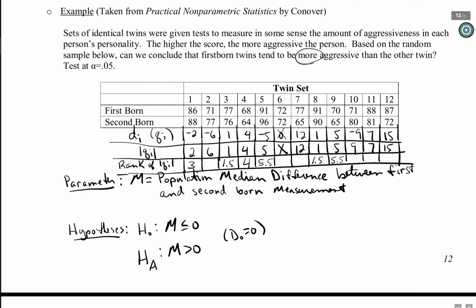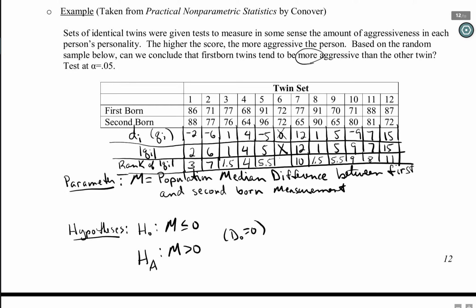And then I'm going to go up to a ranking of 7, which corresponds to the absolute value of 6 there. And then I've got 7 here. It has rank 8, and then this 9 here has rank 9, the 12 here has rank 10, and the 15 here has rank 11.